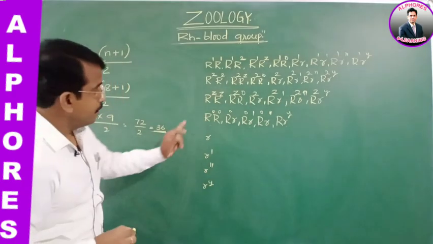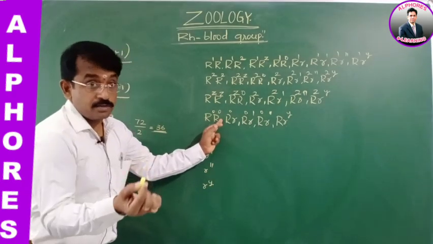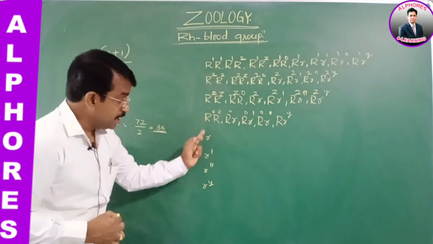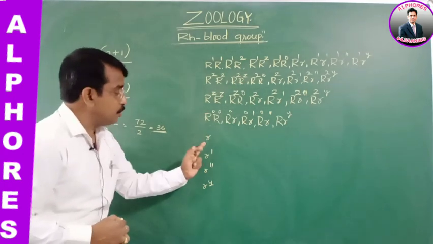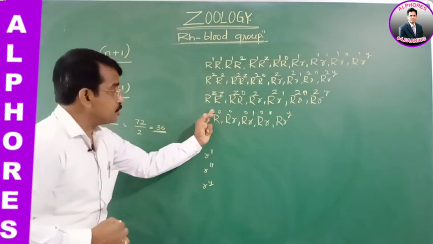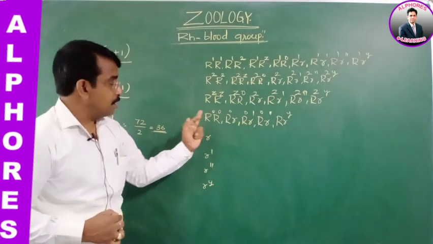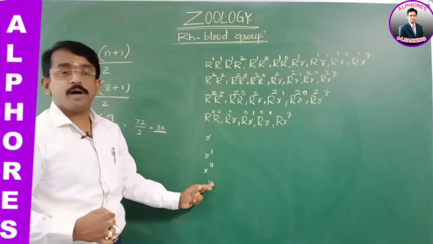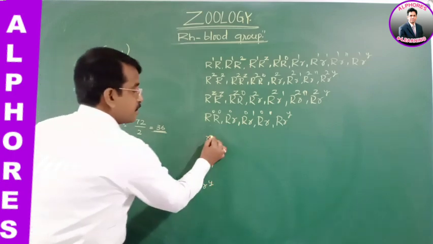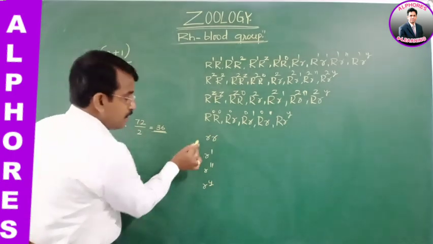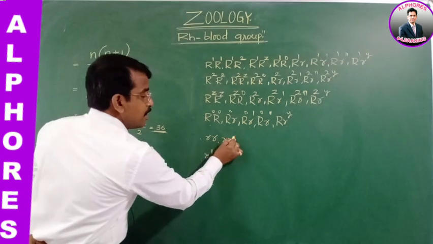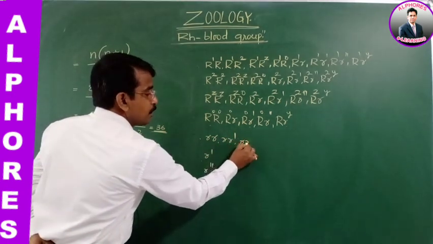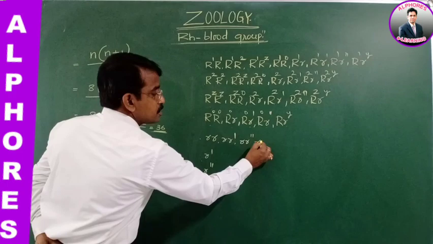Is it right? R0 R0, homozygous. And now it will be heterozygous. R0 small r, R0 small r1, R0 small r2, R0 small ry. Next, small r small r, small r small r1, small r small r2, small r small ry.